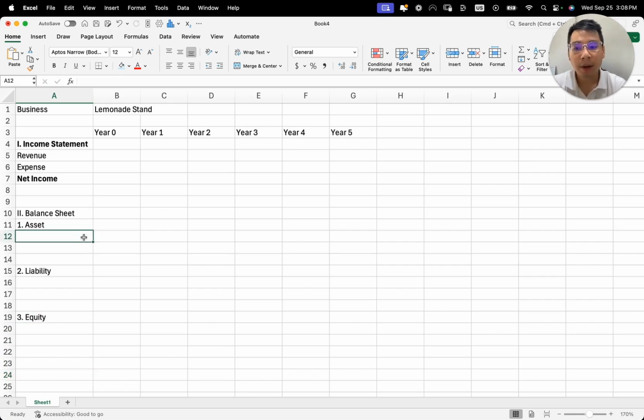Under the asset category, you have cash that you put into the business, so I call it cash. And for liabilities, one of the common liabilities is debt or borrowing. This is the money that you go to the bank and borrow, and you pay interest on it.